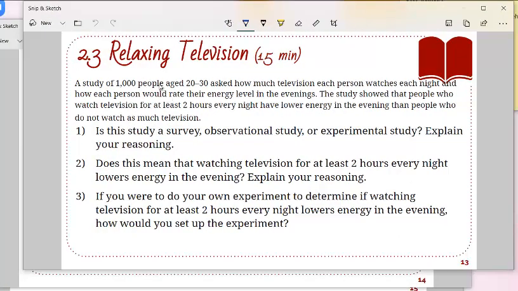All right. Now, coming up next is 2.3, relaxing television. It's going to conduct a study of 1,000 people aged 20 to 23 and ask them how much television each person watches each night and how each person would rate their energy levels.